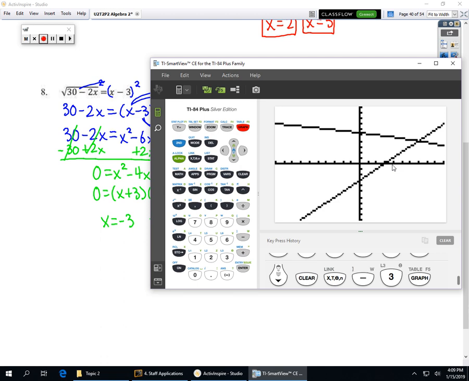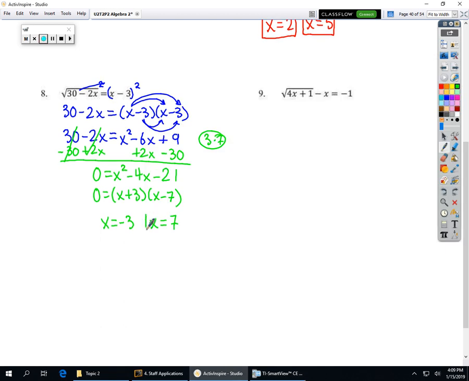They cross at 7. They don't cross at negative 3, meaning negative 3 must be extraneous, and 7 is the actual solution. This one is extraneous simply because it doesn't work when you use it in the problem again.